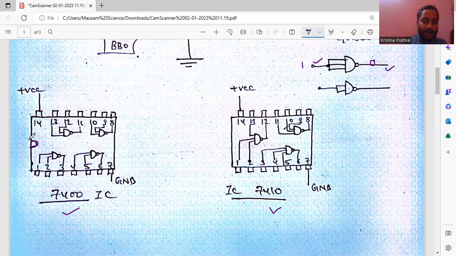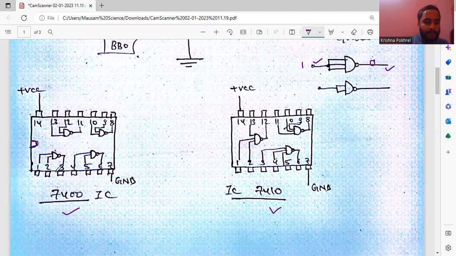Let us see what this IC is composed of. This IC is composed of several 2-input NAND gates. We can see here 1, 2, 3, and 4 NAND gates, which have 2 inputs. If we talk about the 7400 IC, we need to remember it has 2-input NAND gates.